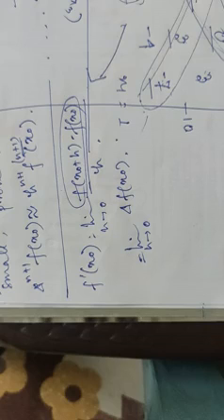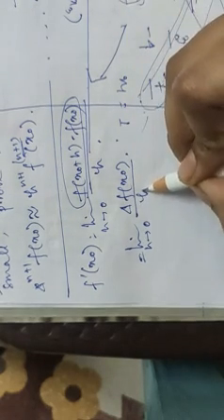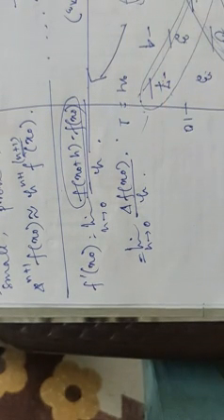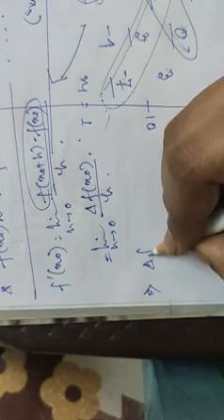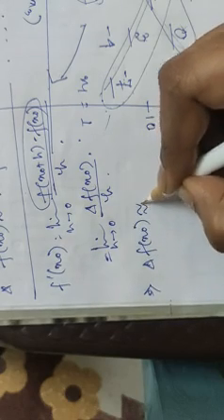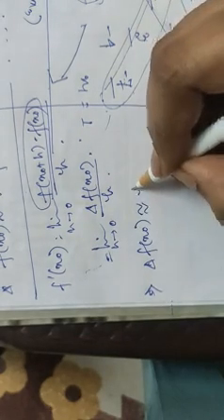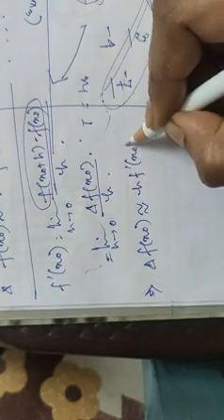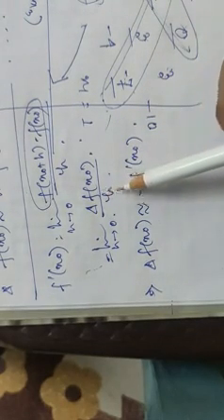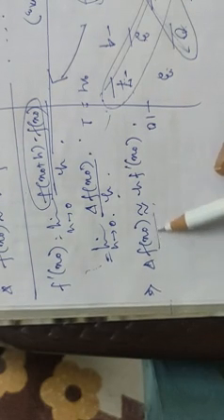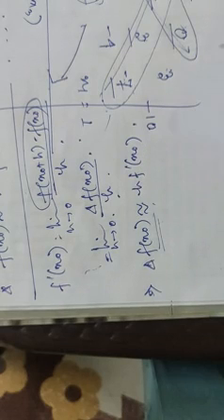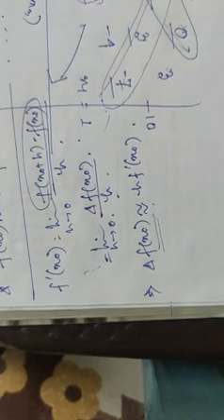This is our forward difference operator, divided by h. Now it is given that h is very small. That means from there we can write delta of f x0 is equivalent to h into f dash x0, because this is the limiting value, but still it is given that h is very small, so this value will be equivalent to h into f dash x0.